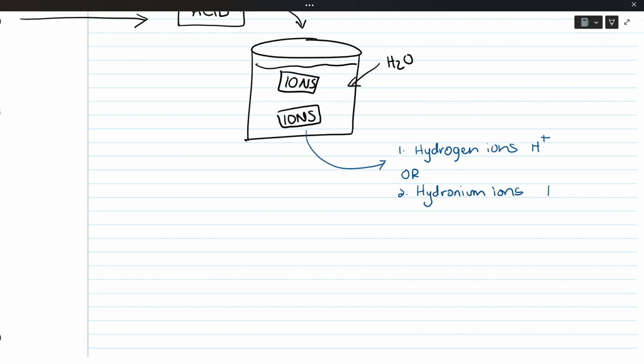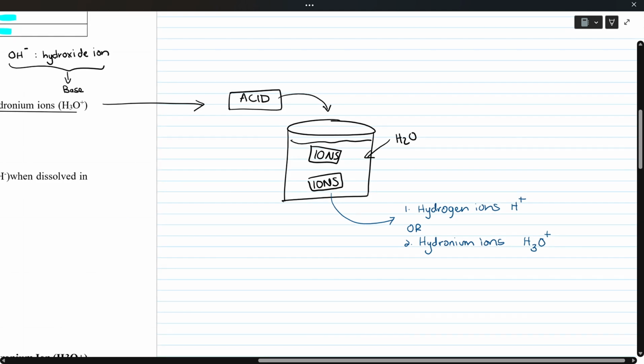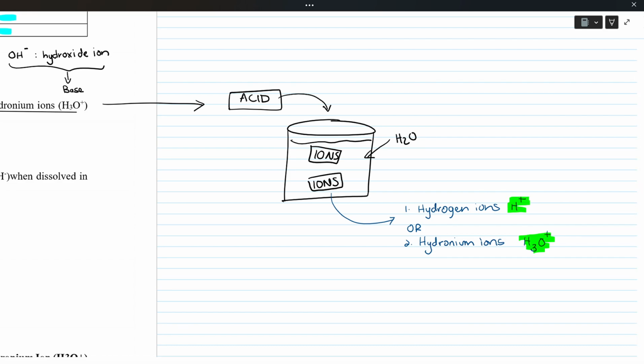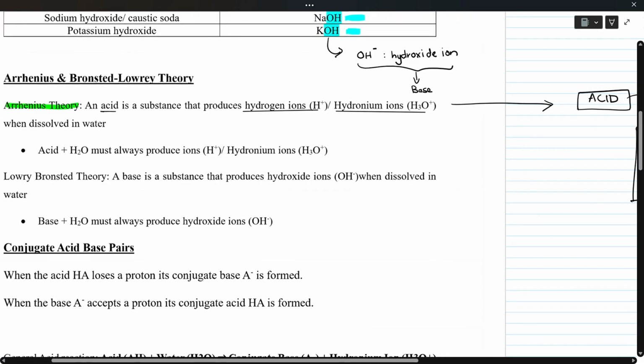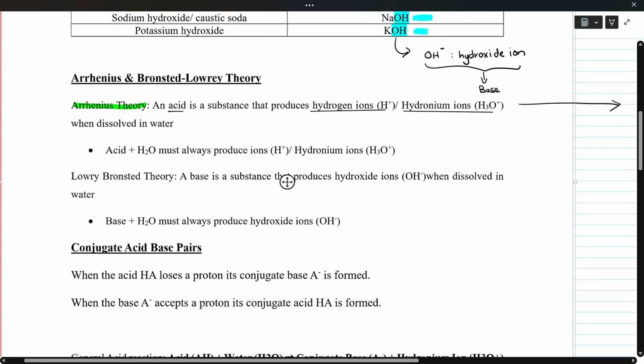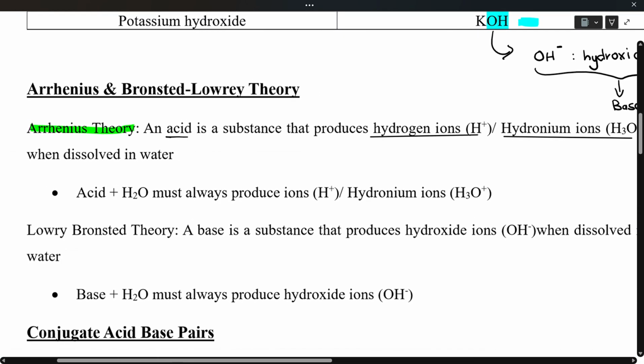Hydronium ions is H3O plus. So if either one of these, H plus or H3O plus, is forming in your products, then it means you are dealing with an acid. That's the definition according to this. I also have another point here at the bottom to help you understand that.